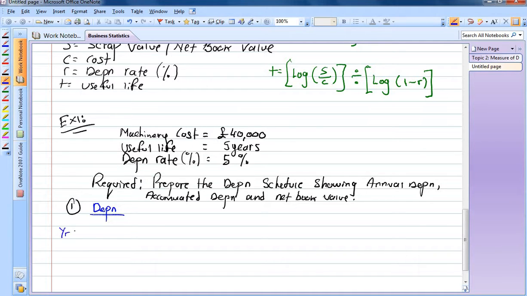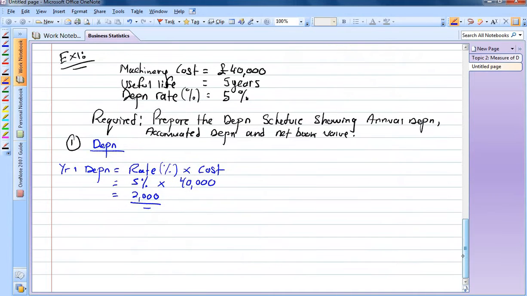So year 1 depreciation, the formula is rate times the cost. So you take 5% times 40,000. How much do you get? 5% times 40,000, you will get 2,000, correct? So that's year 1 depreciation.